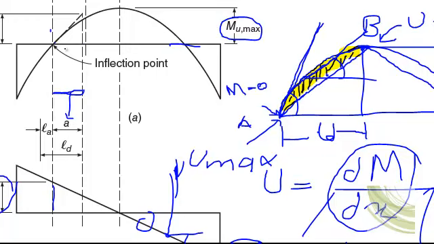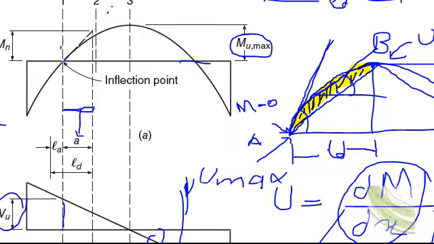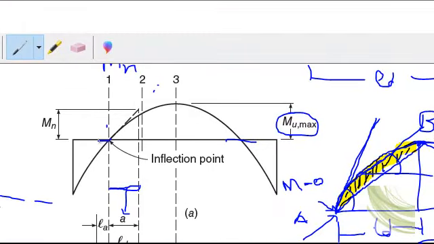Now if you are making yourself more safe, the ACI code says that you have to extend your bar from this point of inflection toward the support, in a positive moment region, at a distance of La.